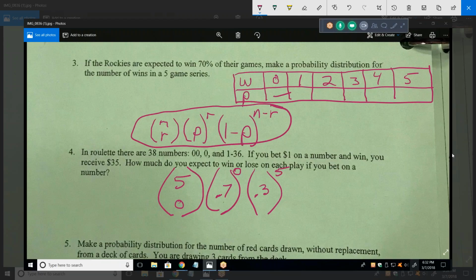And each one, whatever that number comes out to be, that's the answer.